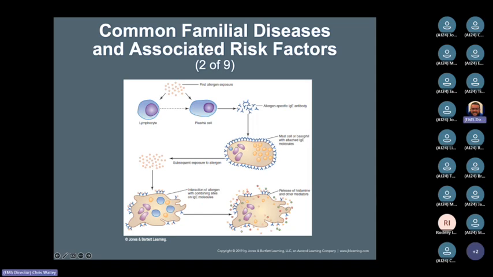Subsequent exposure to the same allergen leads to antigen-antibody interaction through activation of memory cells, liberating histamine and other mediators from mast cells and basophils. These mediators produce allergic manifestations.